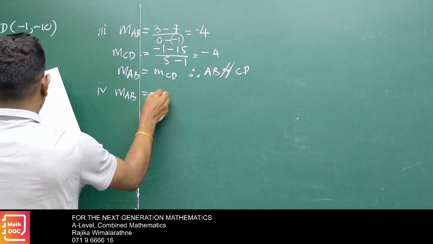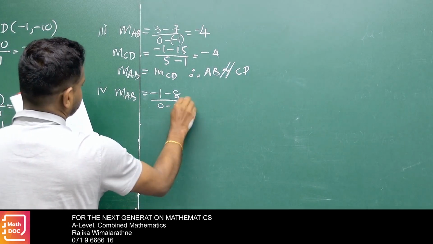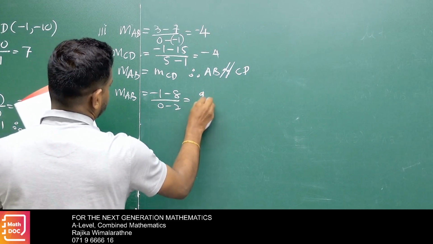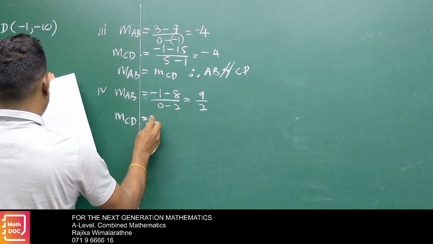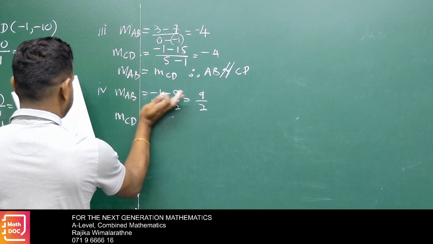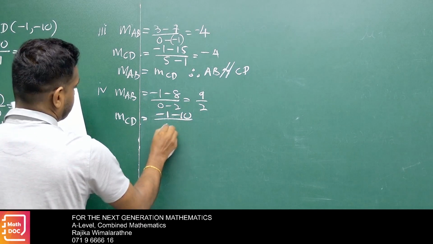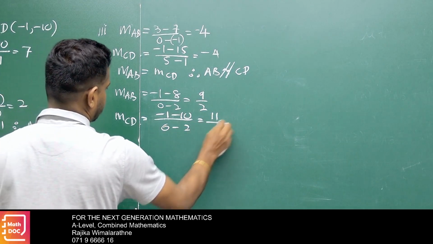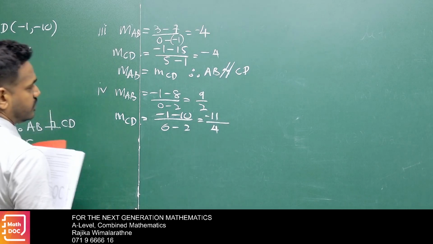For the fourth: MAB is -1 minus 8 over 0 minus 2, which is 9 over 2. MCD: -1 minus 10 over 6 minus 2, which is -11 over 4.